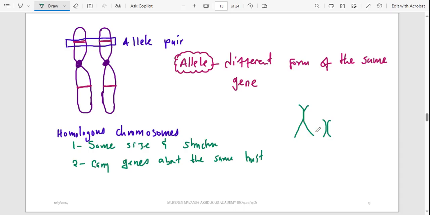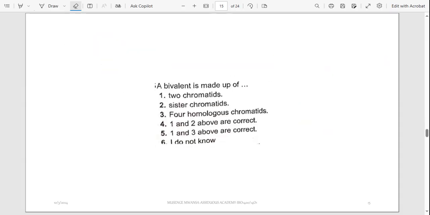Do you think these two chromosomes are homologous or not? These chromosomes are not homologous. Even though both are coding for sex, X and Y are not homologous chromosomes because they don't have the same size. So that is what we need to know. This is it about the introduction. Let's do some questions.